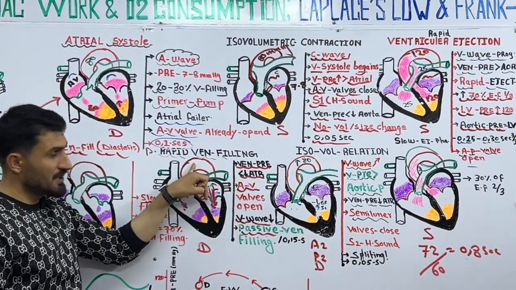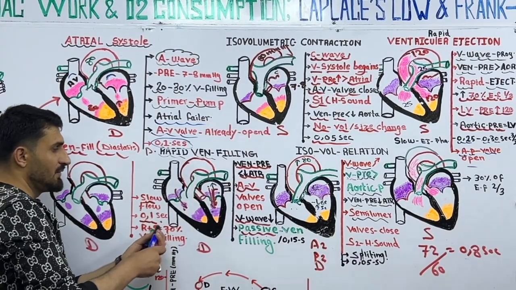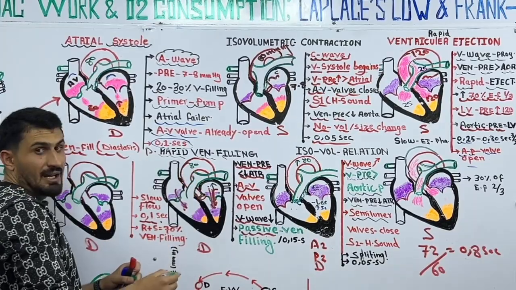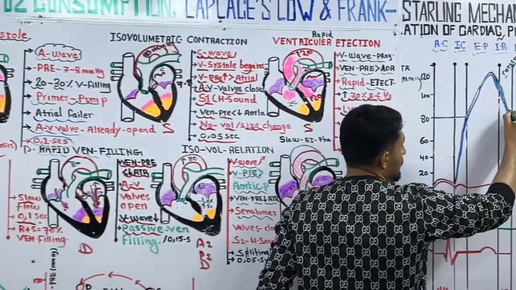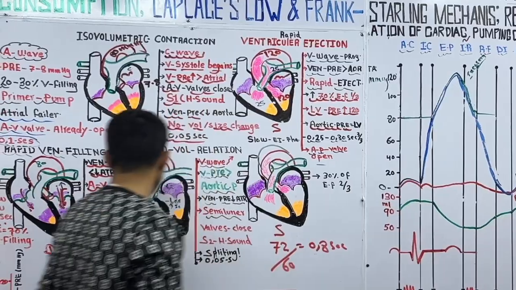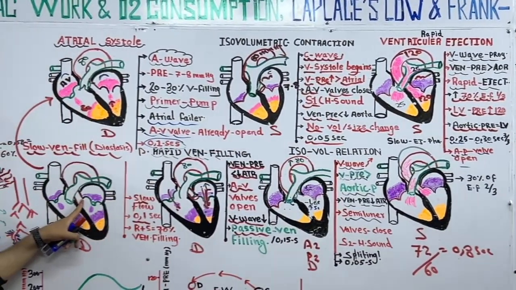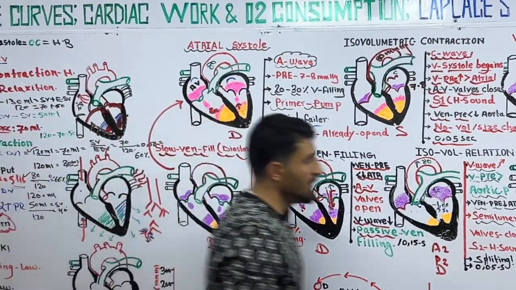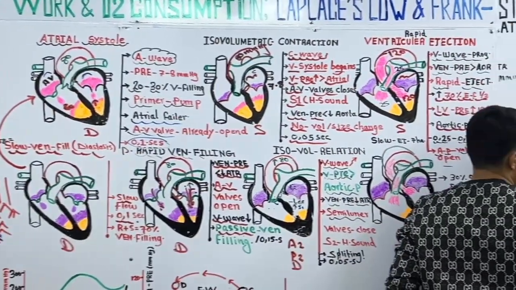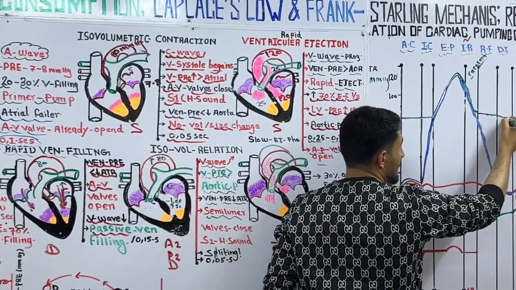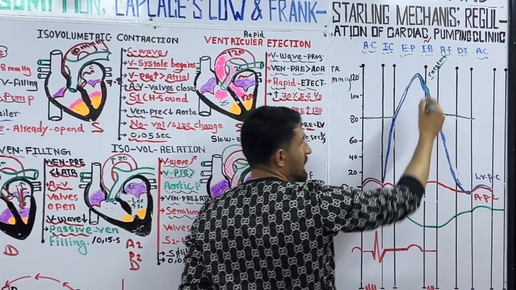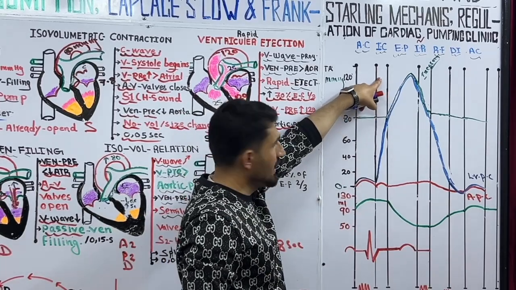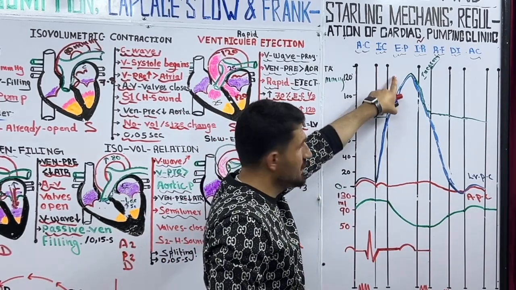In the rapid ventricular filling phase, this valve is closed completely, so there is no change in the aortic valves, so the curve remains normal. Also here there is no change in the slow ventricular filling phase, but it drops a bit because aorta recoils. And again during the isovolemic contraction phase, in the ejection phase it rises.